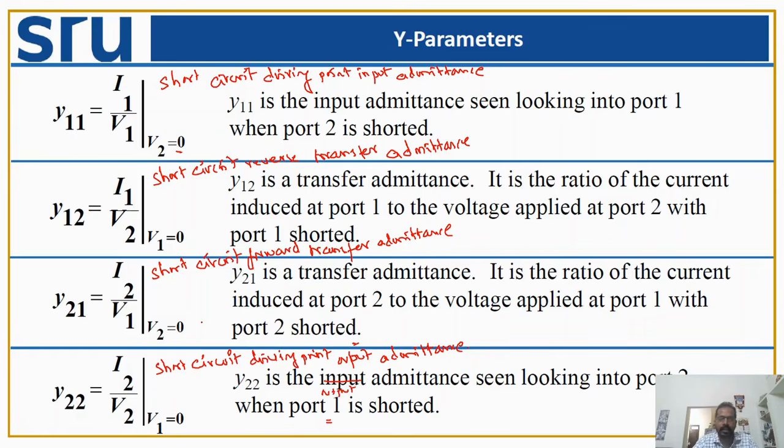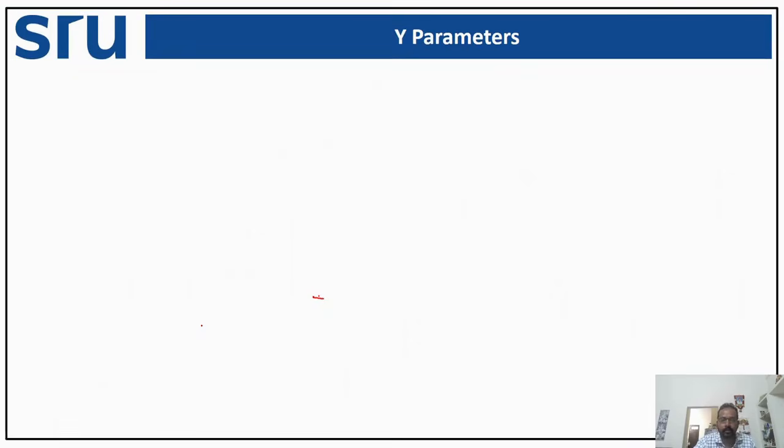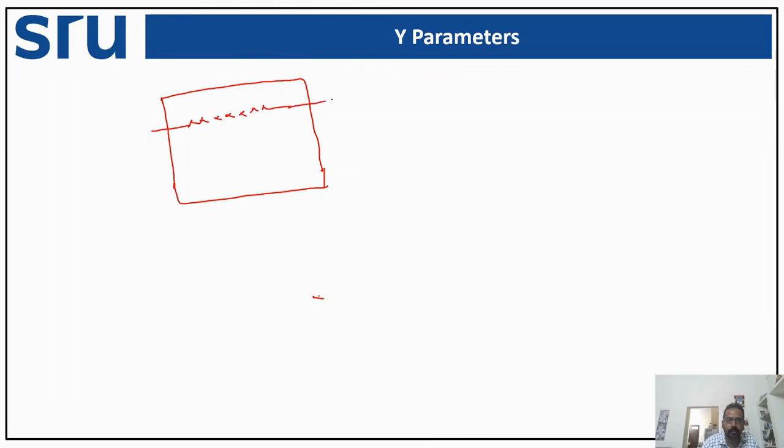Now let us take a small example and derive these y parameters. Let us take a small circuit. Let us assume we have a resistance here, another resistance, and another resistance here.